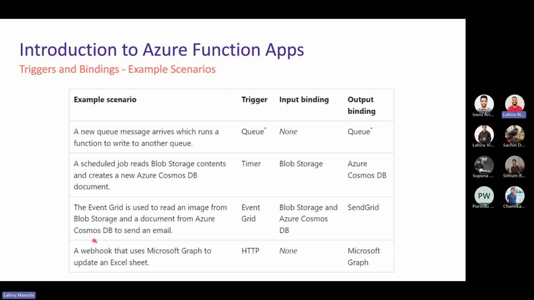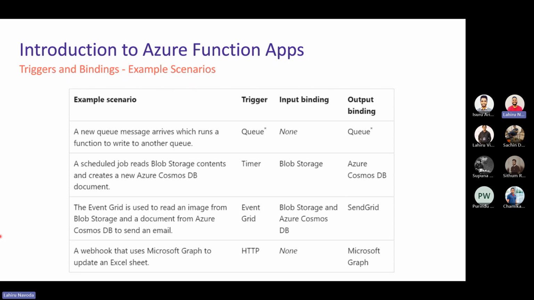Finally, after processing data, we send an email. Since we are sending an email, the output binding would be SendGrid. SendGrid is a separate service in Azure that you can use as an email service provider.